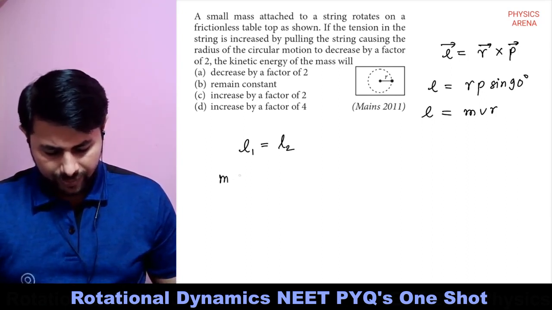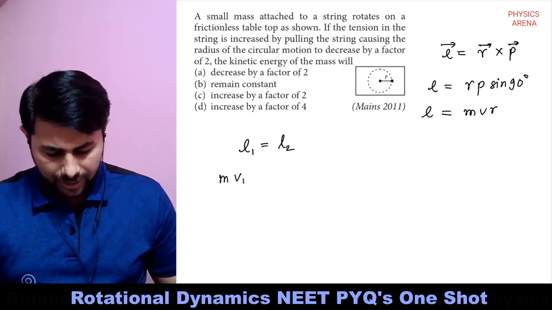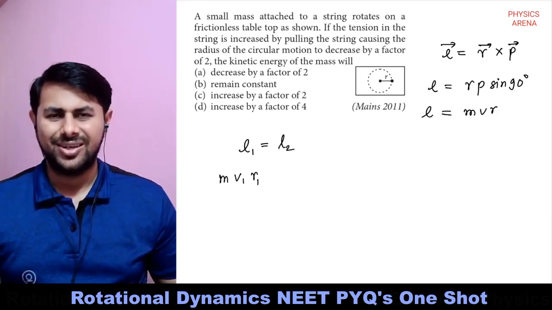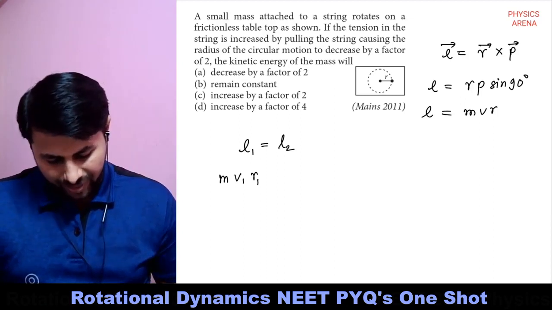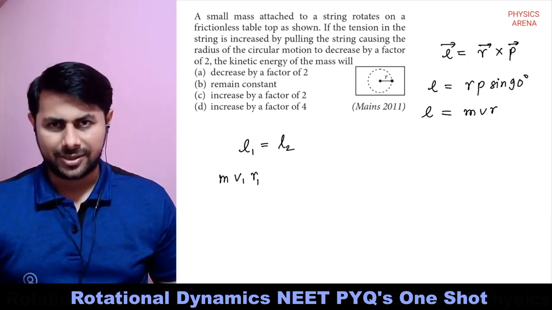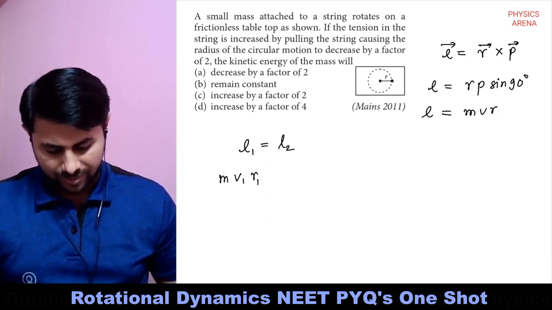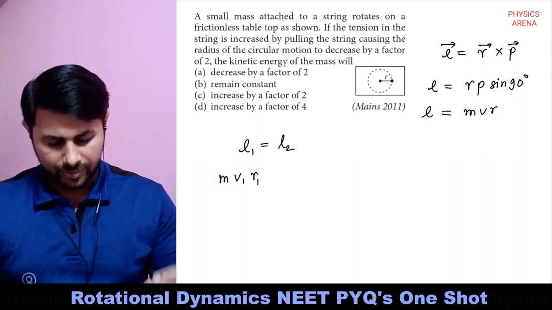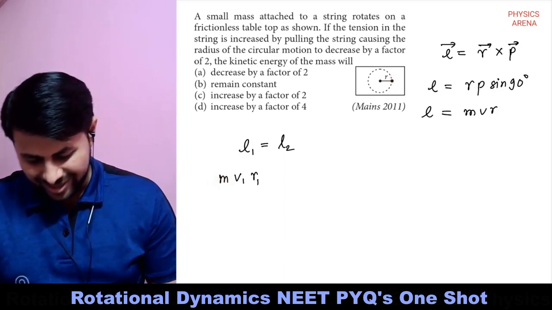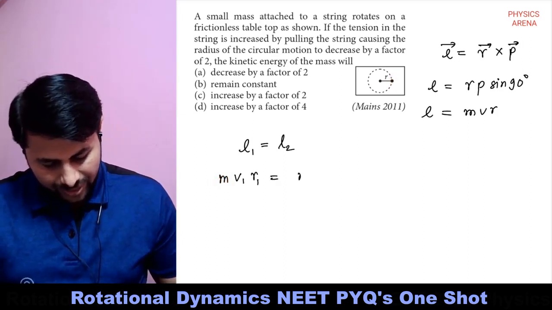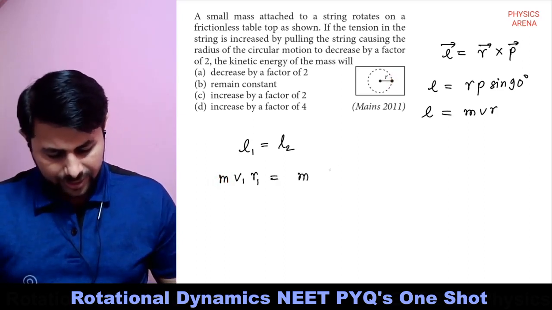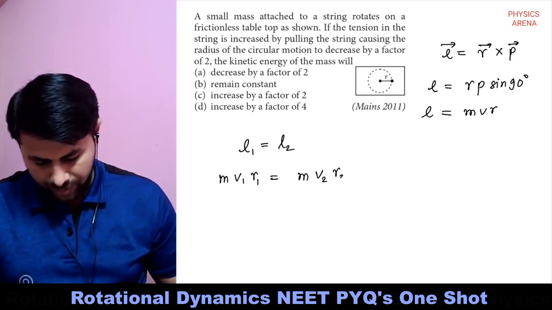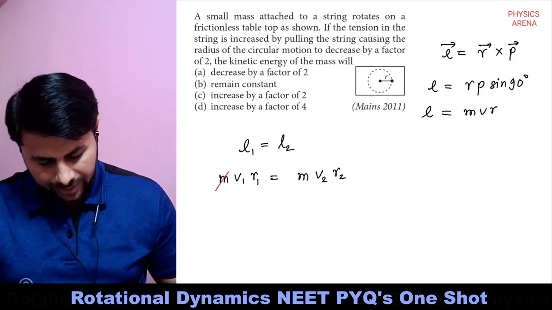It is mv1r1, let's say, mvr. Okay, but you are changing the radius, so speed will change. Mass of that particle will remain constant. Okay, so L2 is m, mass will remain constant, v2 r2. Okay, so m and m get cancelled.